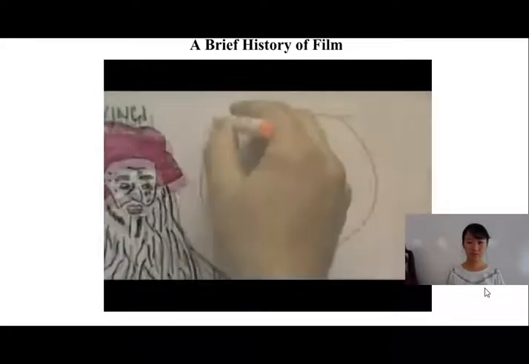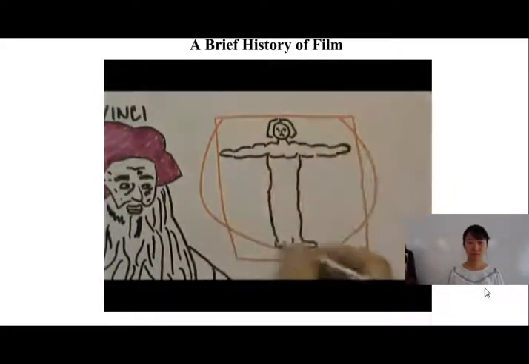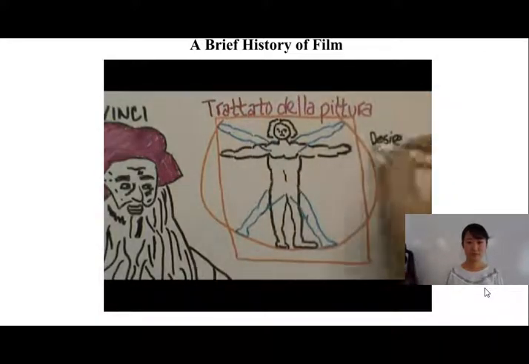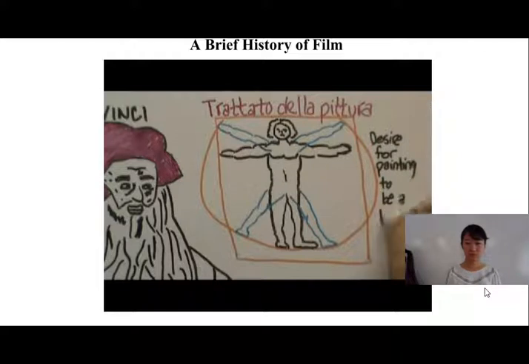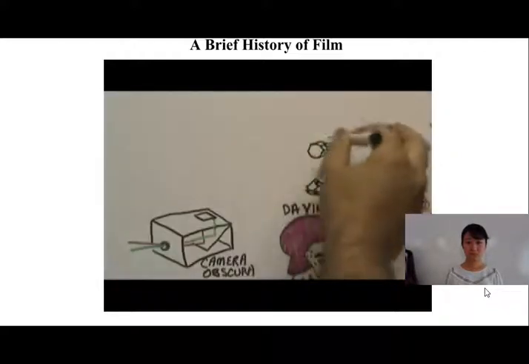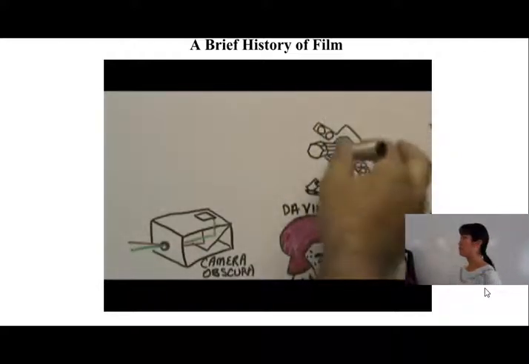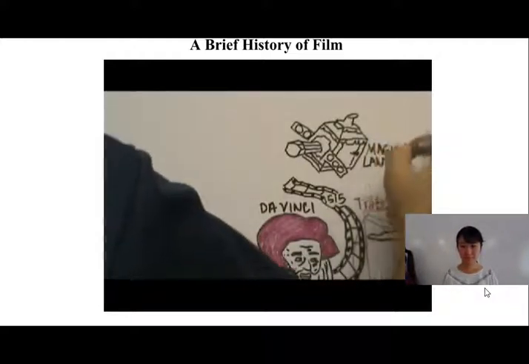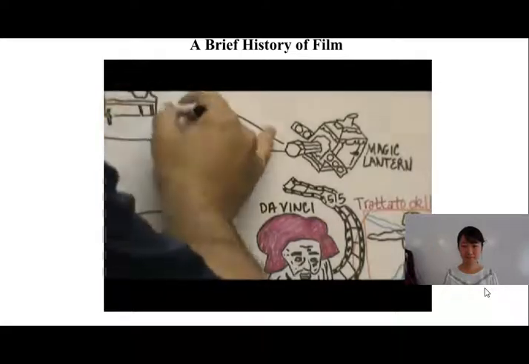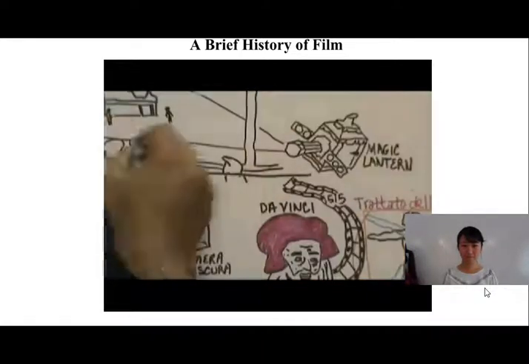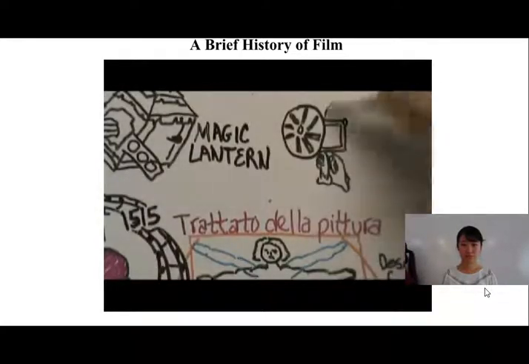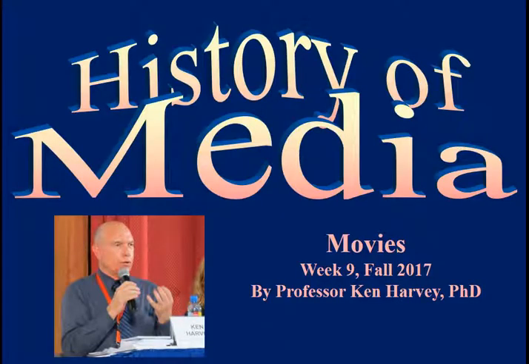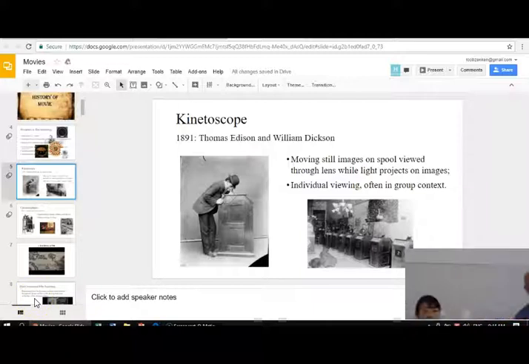In 1515, Da Vinci presented a drawing of a type of image projector, the magic lantern, which was later developed in the 17th century. In 1832, Joseph Plateau introduced the Phenakistoscope.